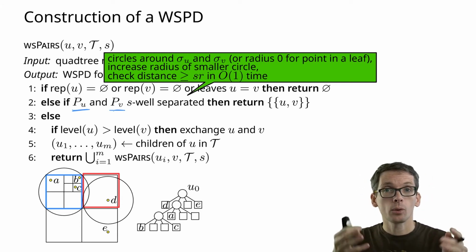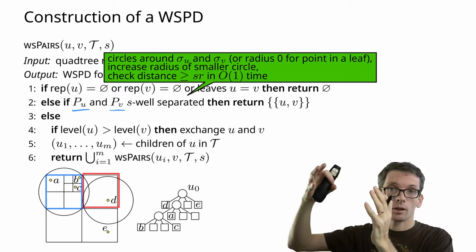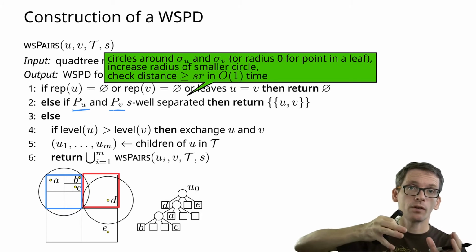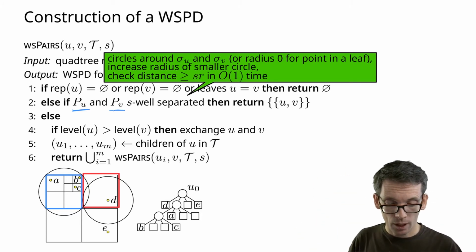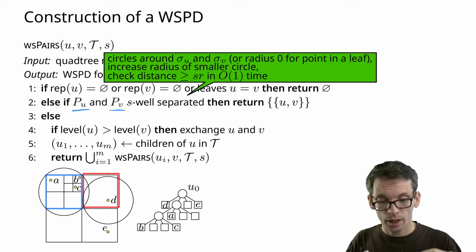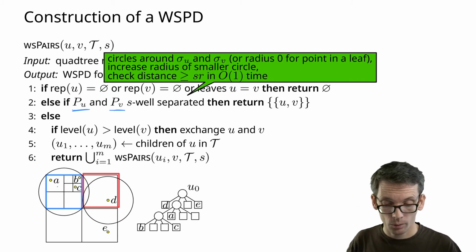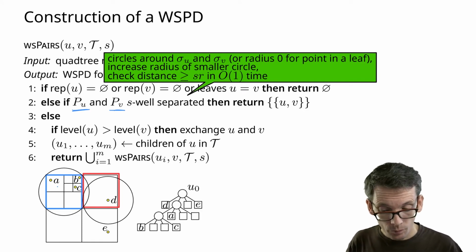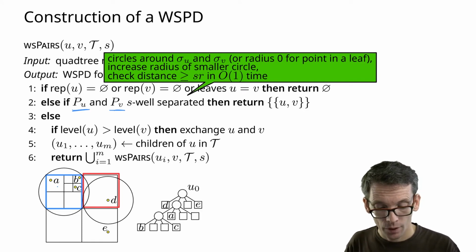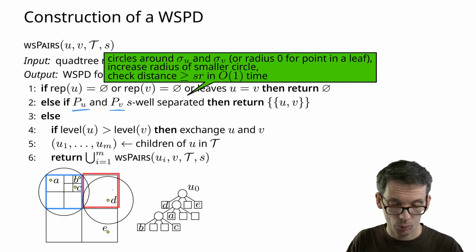For that I need to construct a disk that covers PU and a disk that covers PV. The disks will have the same size, so this could look like that. To construct these disks quickly, what we're going to do is simply take the disk that goes through the corners of the square of the larger cell, and then we're going to take a same size disk around the other point set.